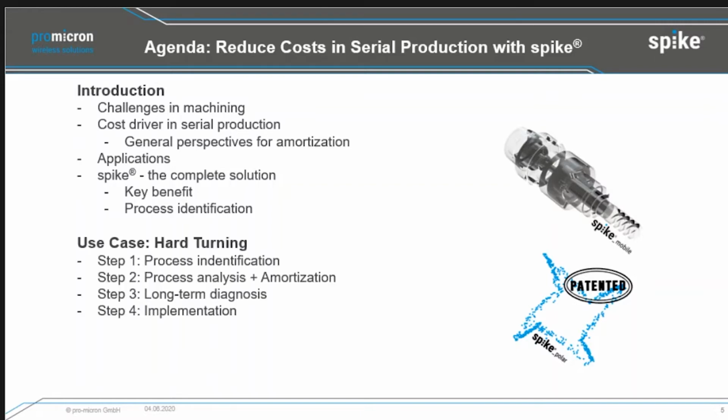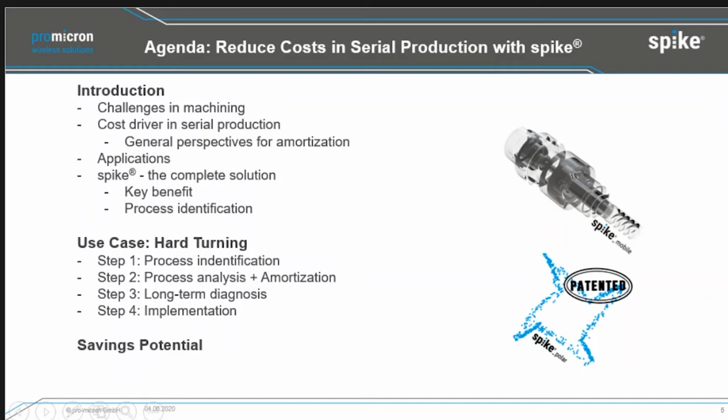After this, we'll go through a concrete or specific use case based on a hard turning operation. So we'll show you 4 steps to the cost saving potential with process identification, process analysis, long-term diagnosis, and the implementation of the system.